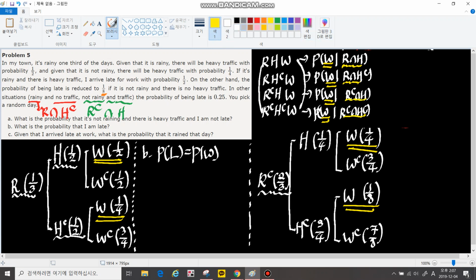Then what is our PW? PW is calculated by NS over NW, right? So think about this. If you rewrite this in conditional probability, what you have here is P(R, H) and then P(W | R, H).